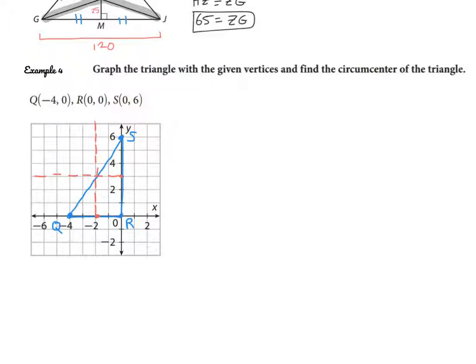I can see that these two perpendicular bisectors intersect right here, and the coordinate of that circumcenter is (-2, 3).